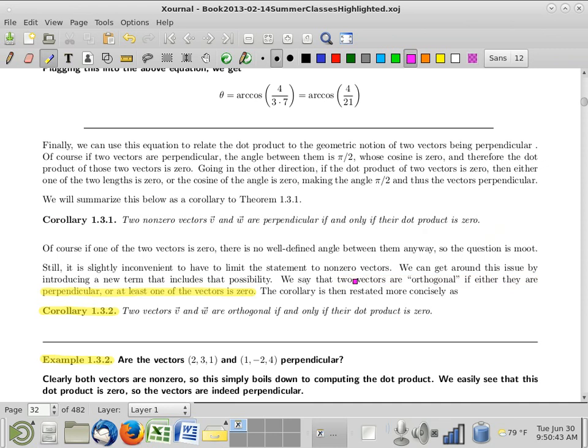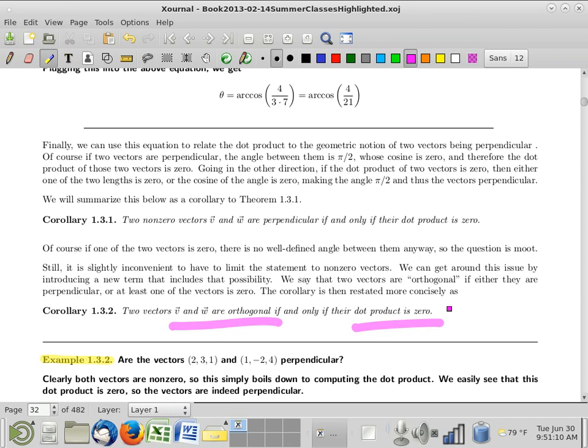We define two vectors to be orthogonal if either of these things happens: either they are perpendicular or one of the vectors is the 0 vector. And then you get a really nice simplification of the above corollary, and that is V and W are orthogonal if and only if the dot product is 0.